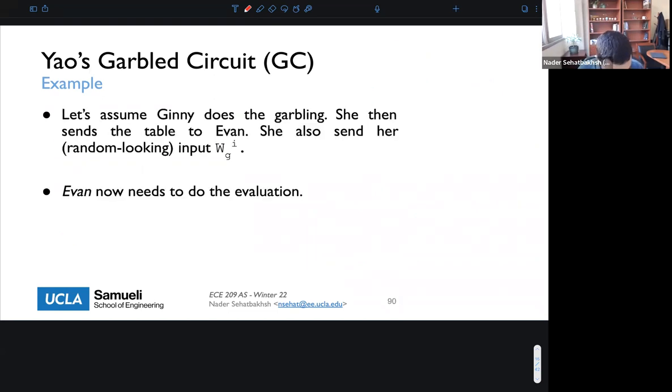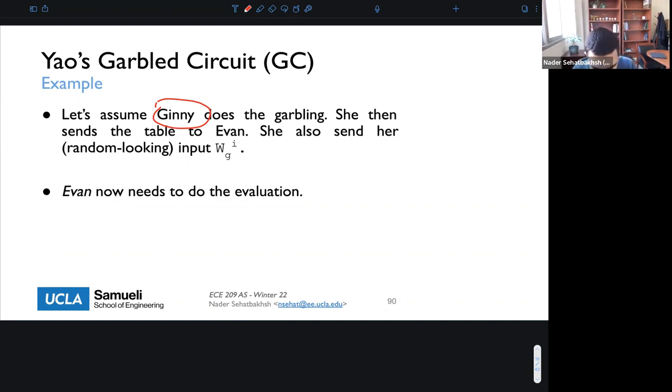So now this is the last part for the garbler, which in this specific example we assume is Jeannie. She creates the random labels, she encrypts the output using these random labels, and she creates a random permutation of these encryptions.